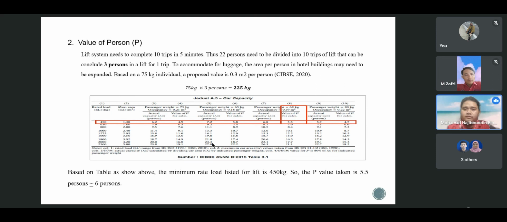As you can see from this formula, 75 kilograms times 3% in the lift gives 225 kilograms. The minimum rated load listed for a lift is 450 kilograms, so we take that value. The P value taken is 5.5%, which becomes 6%.